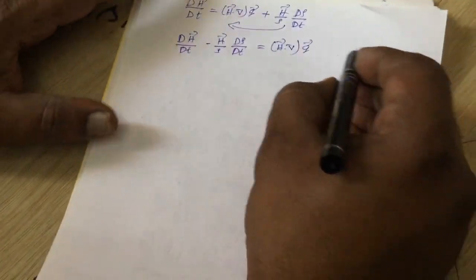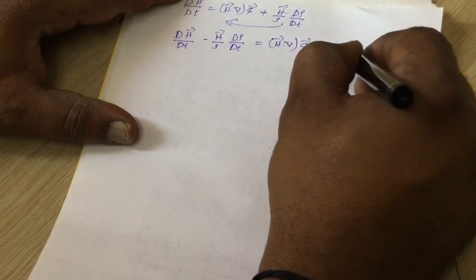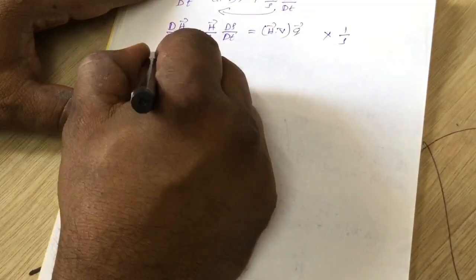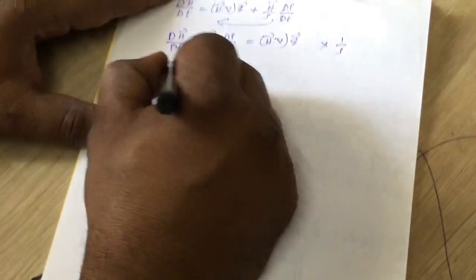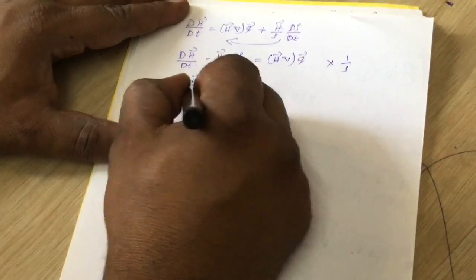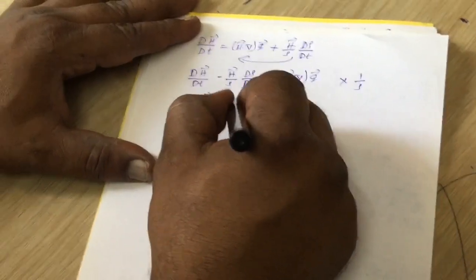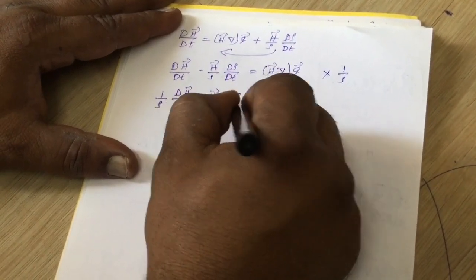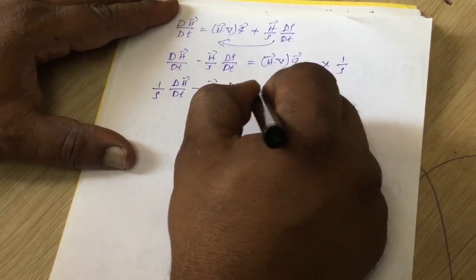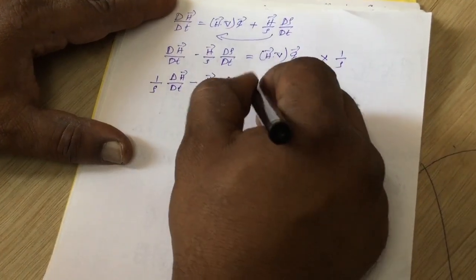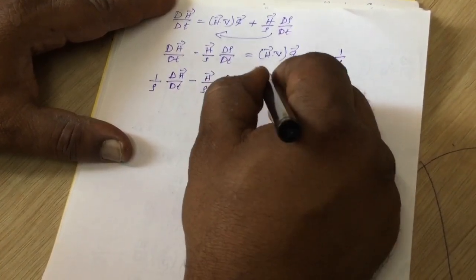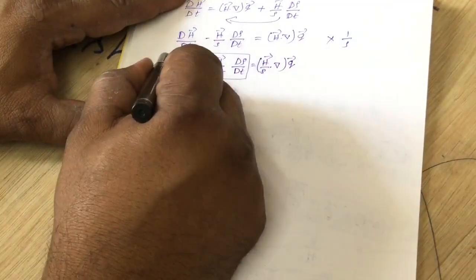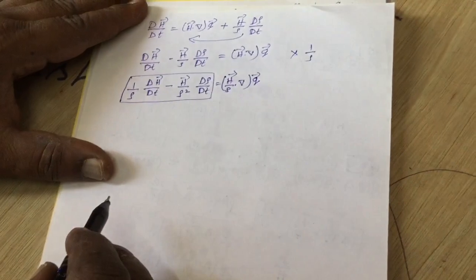Now multiply throughout the equation by 1 by rho, then this will become 1 by rho into dH by dt minus H by rho square into d rho by dt is equal to H by rho dot del of Q. Now observe here, these two terms can be written in the form of a total derivative.